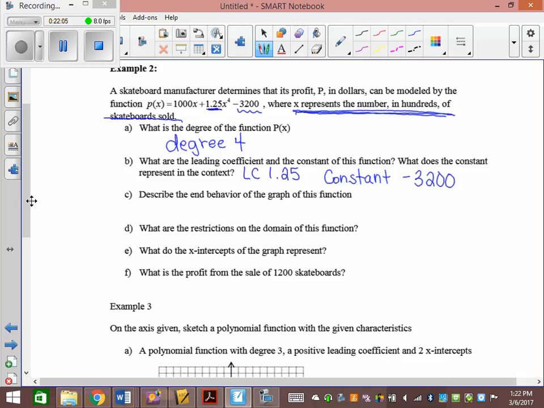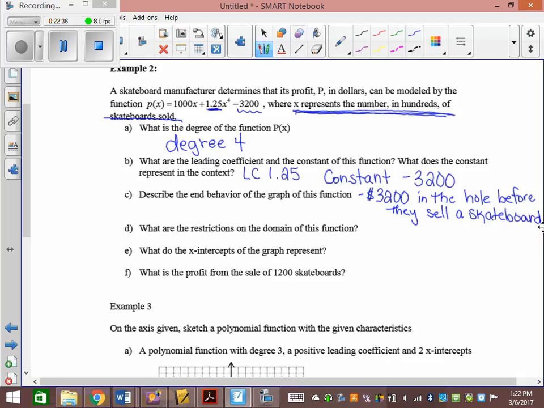So it means they're negative $3,200 in the hole. Remember, it's your y-intercept, and your y-intercept is always when x equals nothing, right? X equals 0.